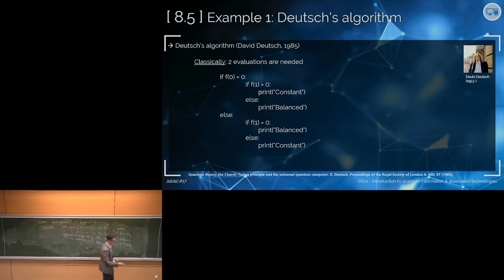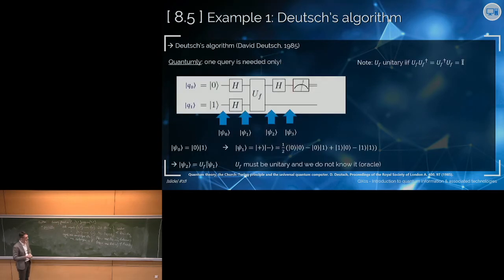Okay. So let's see how it works for the quantum version. And you will see that for the quantum version, you only need one query. So how does this work? This is the quantum circuit for Deutsch's algorithm.